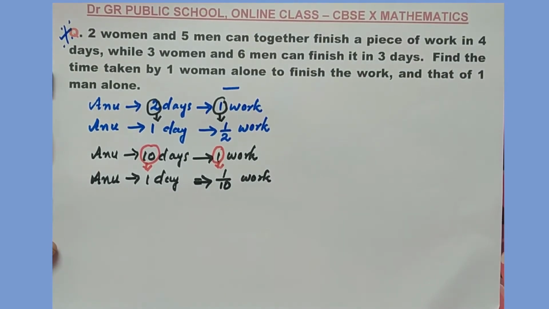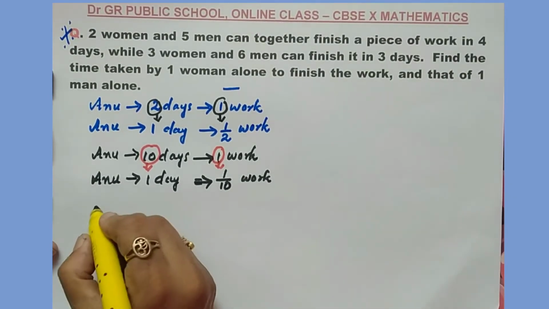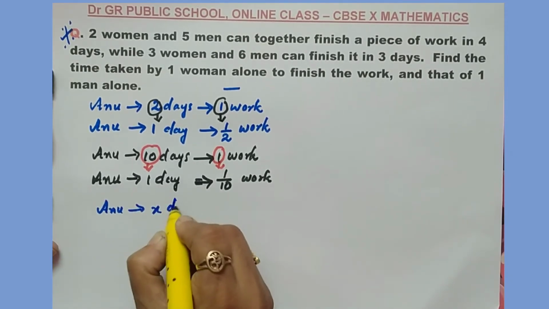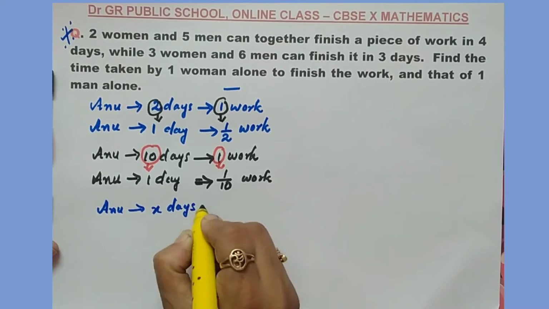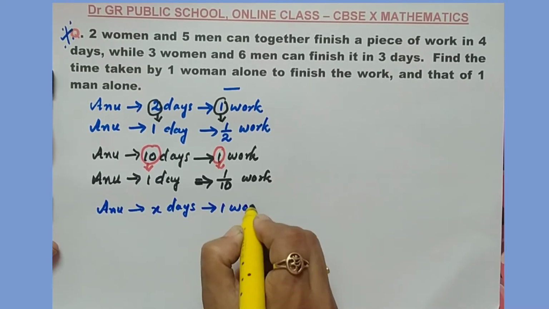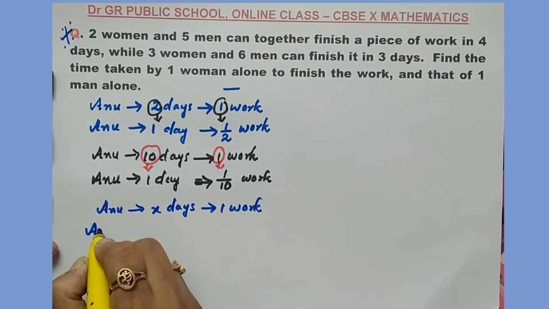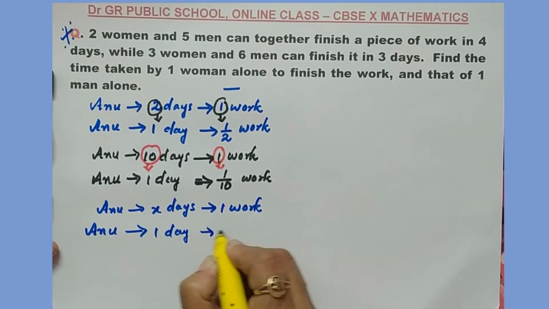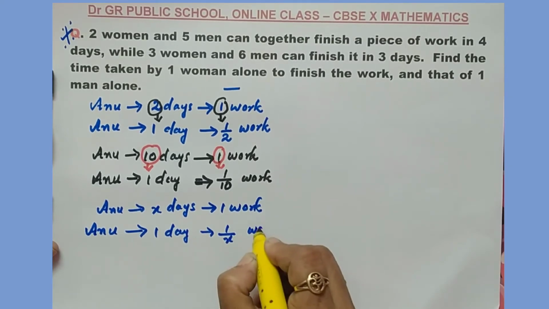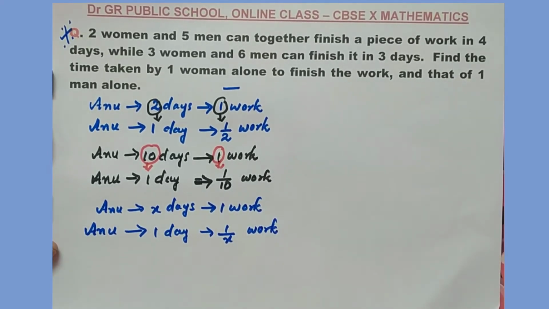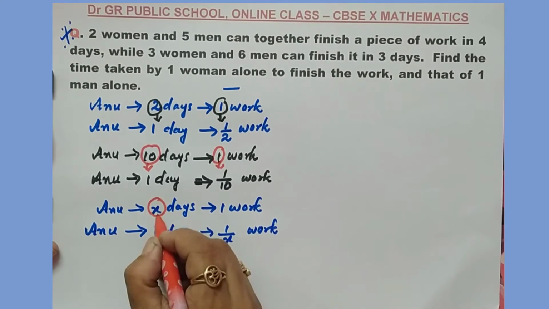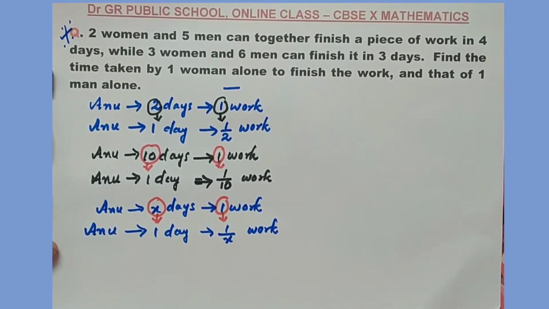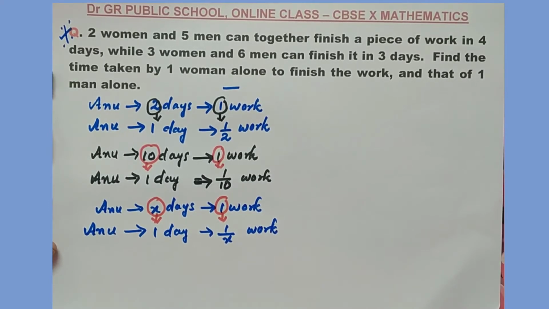Now I am going to generalize that: if Anu takes X days to complete one work, can you say what is Anu's work in 1 day? In 1 day she can complete 1 by X part of the work. How do we get that 1 by X? X when dividing by X gives 1, and 1 when dividing by X gives 1 by X. This is the basic concept behind this question.